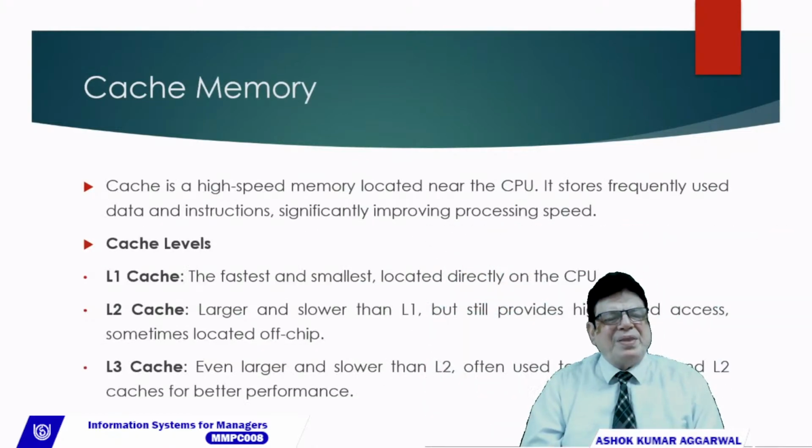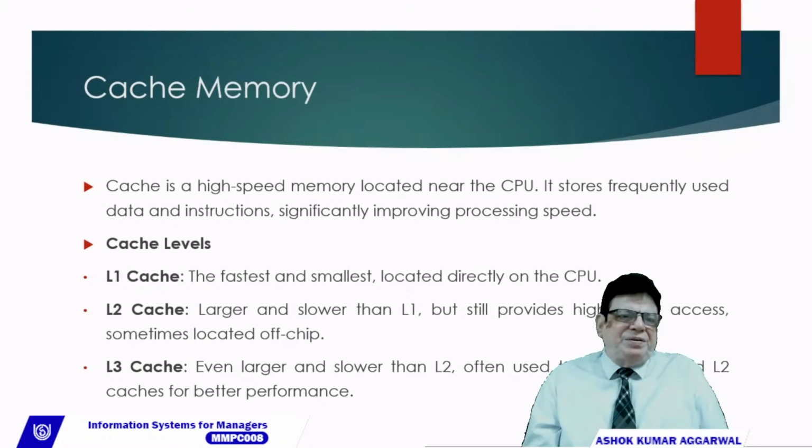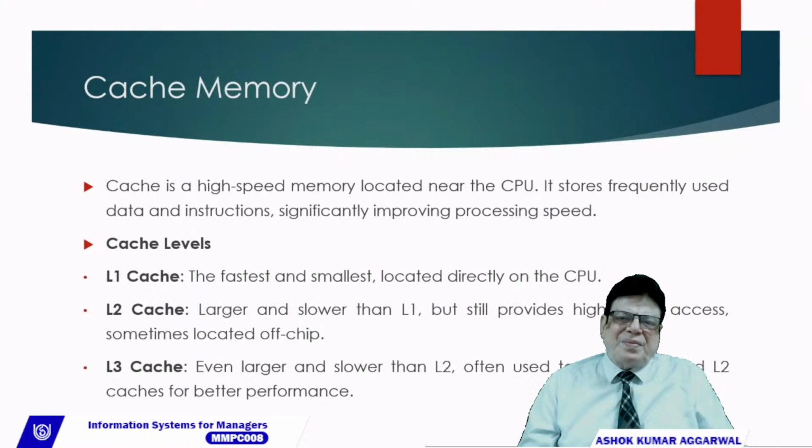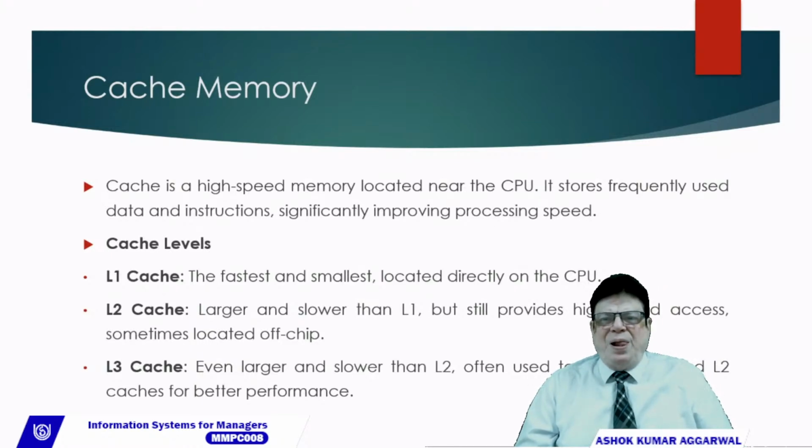Cache memory. Cache is a high speed memory located near the CPU. It stores frequently used data and instructions, significantly improving processing speed. Cache levels.